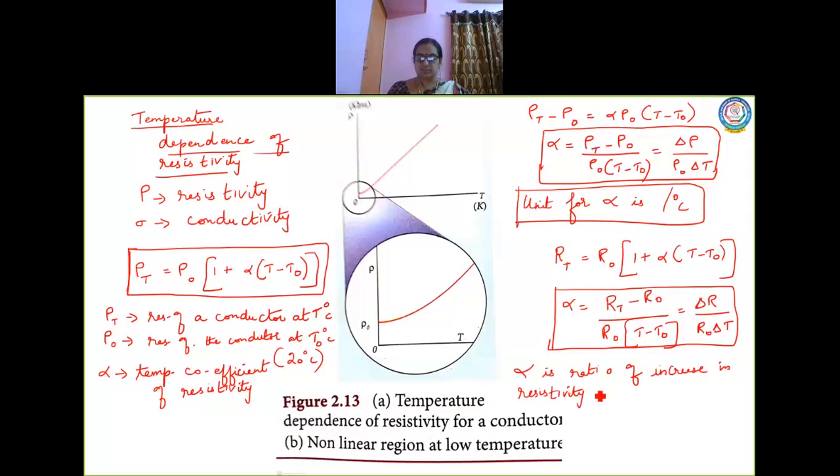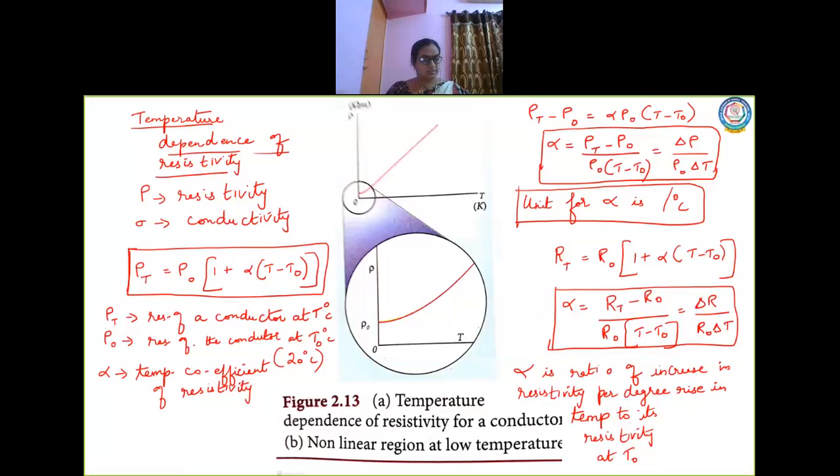Resistivity will increase. Okay, increase in resistivity per degree rise in temperature to its resistivity at T naught degrees Celsius. So this is how you define it in terms of sentences. You have to define alpha as nothing but the ratio of increase in resistivity per degree rise in temperature to its resistivity at T naught degree Celsius.